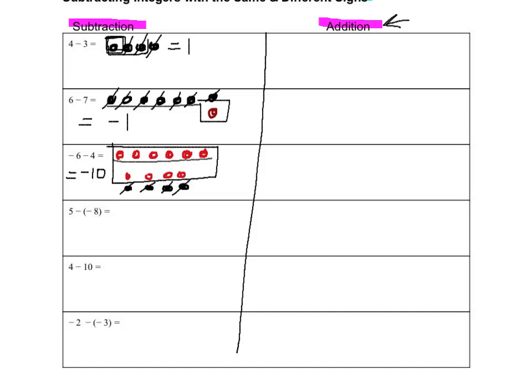Let's look at our next one. 5 minus a -8. 5 is positive, so I'm going to start with 5 black chips on the board. I need to be able to take away 8 red chips. There are not currently any on the board, so I need to be able to add in 8 red chips.